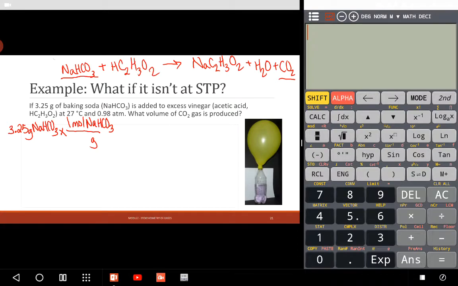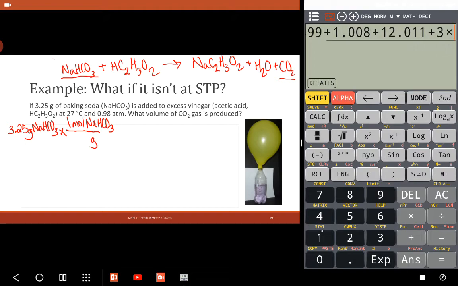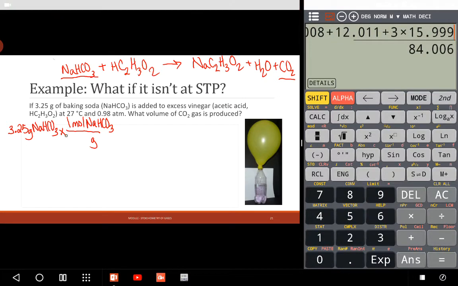And so that's going to be 1 sodium plus 1 hydrogen plus 1 carbon plus 3 oxygens. And so that's 84.006. And go ahead and store that in my calculator as A.